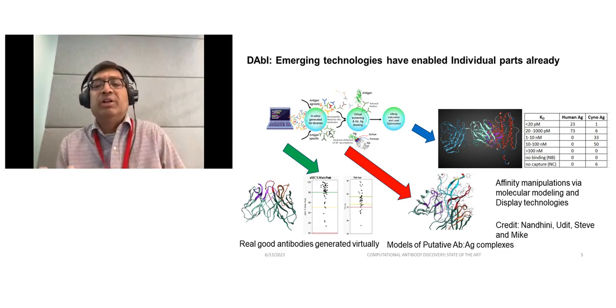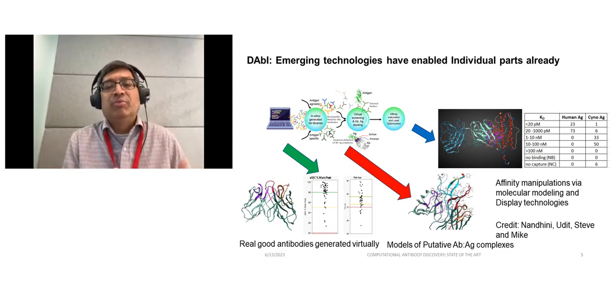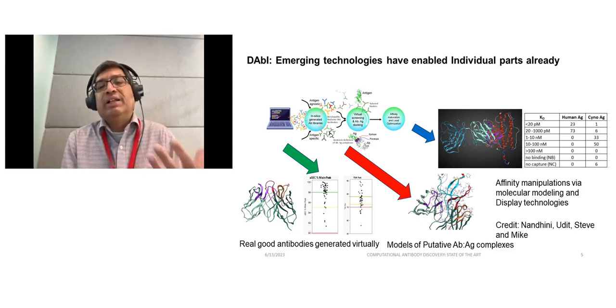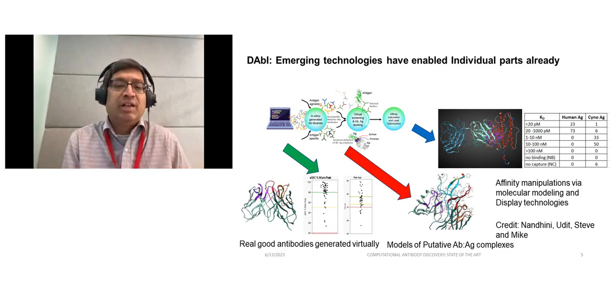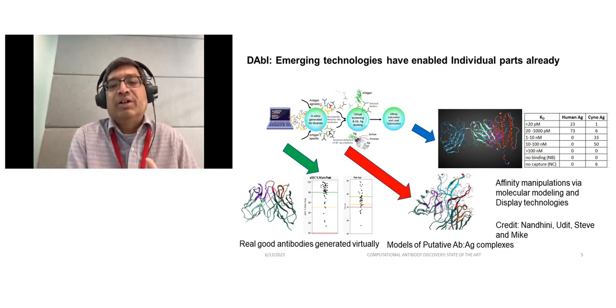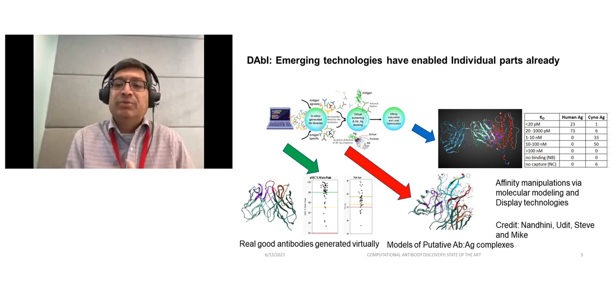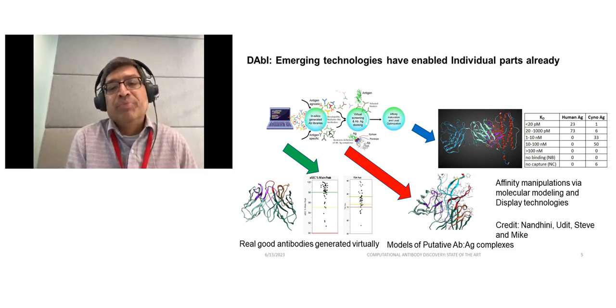And we were able to put them on a phage display, and we were able to get fine antibody binders with varying affinity. In this particular case, we didn't really have a cross-reactive antibody. We were able to start with the human antibody and make it more cross-reactive to cyno.